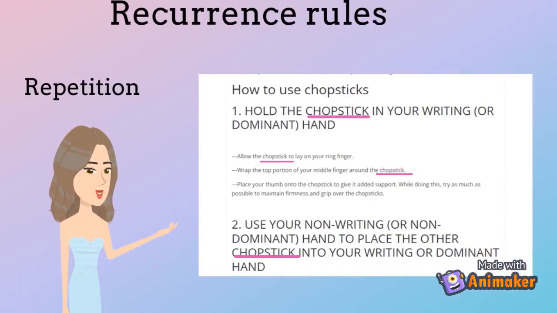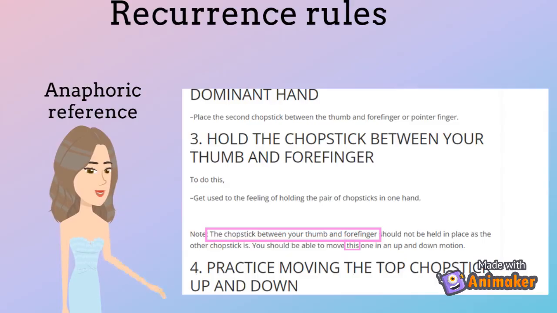As my classmate Antonia said before, there are some recurrent rules that appear in the text in order to create coherence and cohesion. In this text, it appears repetition, in this case of the word chopstick. It also appeared anaphoric reference, that is when a reference unit refers to another unit that was introduced earlier in the text to reduce repetition.